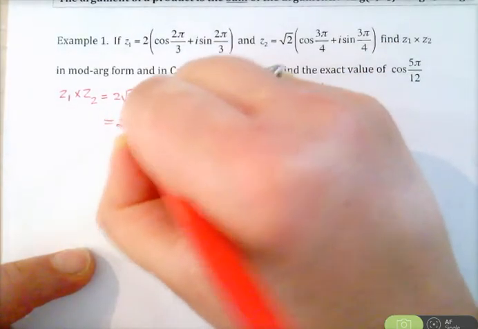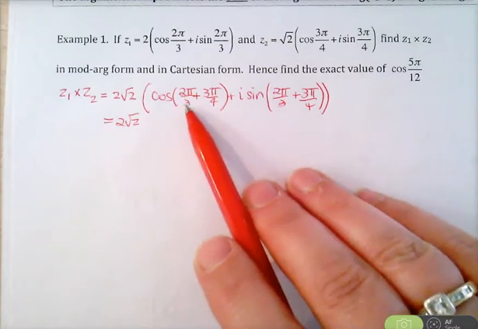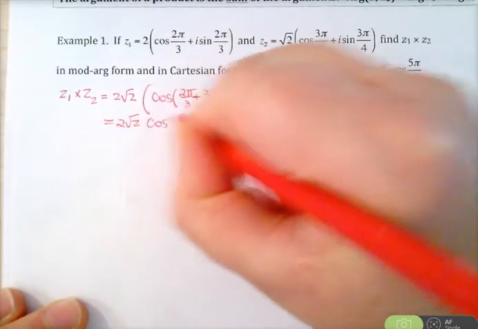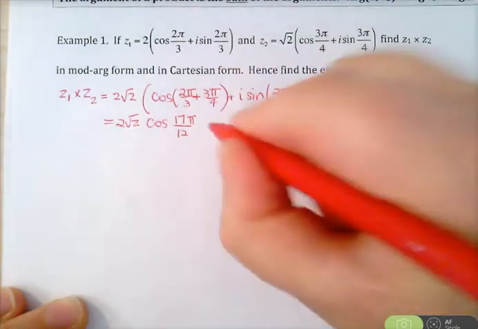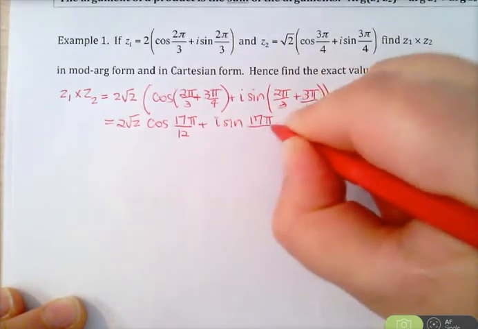Now we have to add 2 pi on 3 and 3 pi on 4. To add those, you can just add on your calculator 2/3 plus 3/4, and you will get on your calculator 17 on 12. So we write it as 17 pi on 12 plus I sine 17 pi on 12.